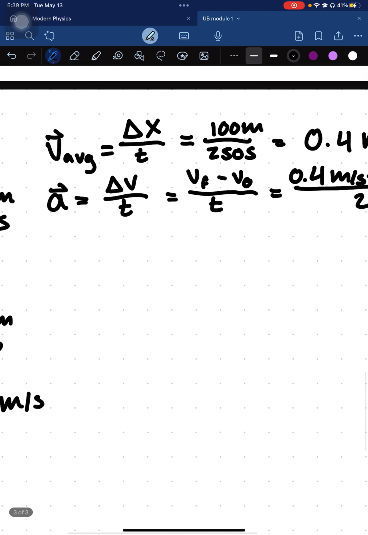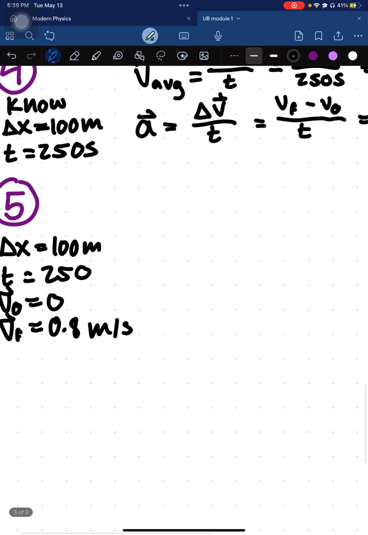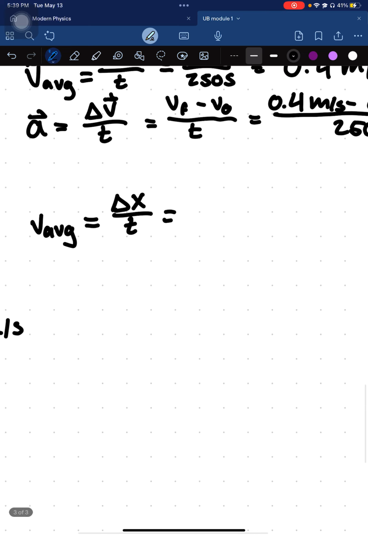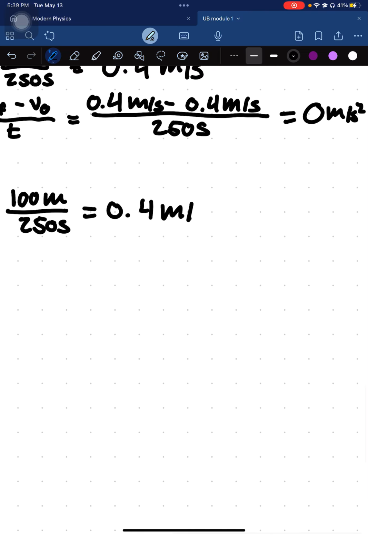I forgot to add my little caret there. Okay, so we know V average is equal to delta X over T, and this is the same exact thing. 100 meters over 250 seconds is going to give us 0.4 meters per second.